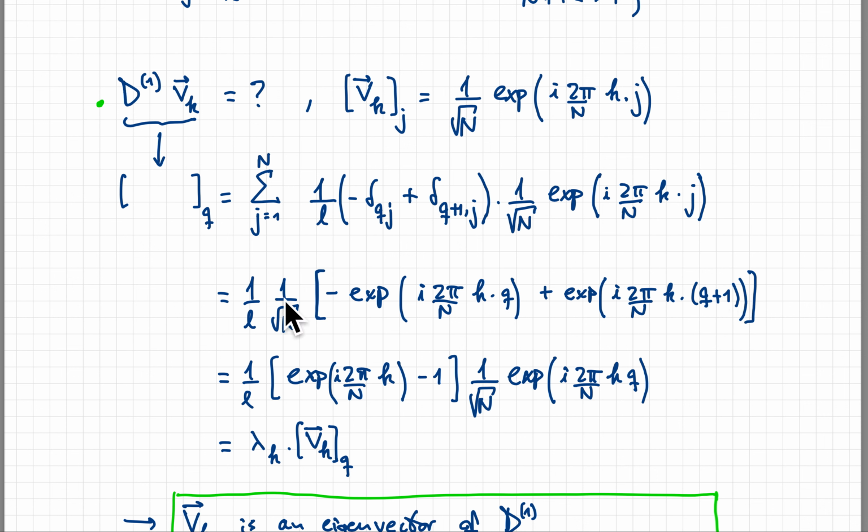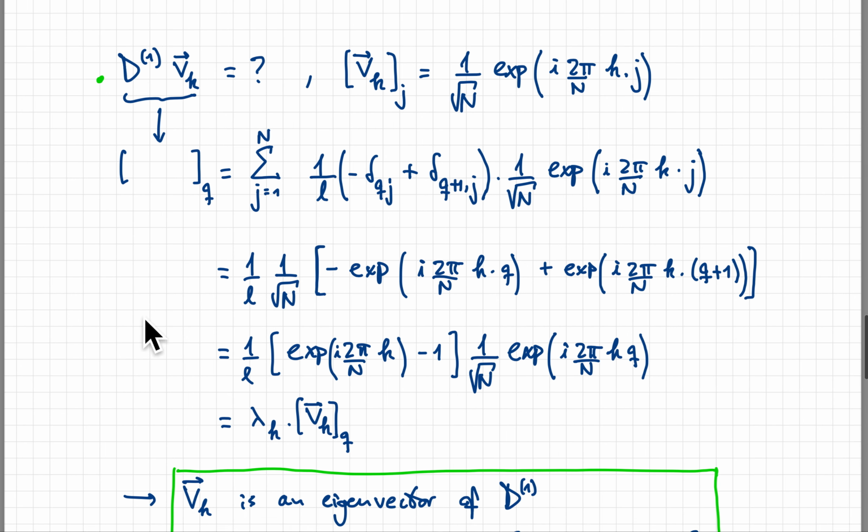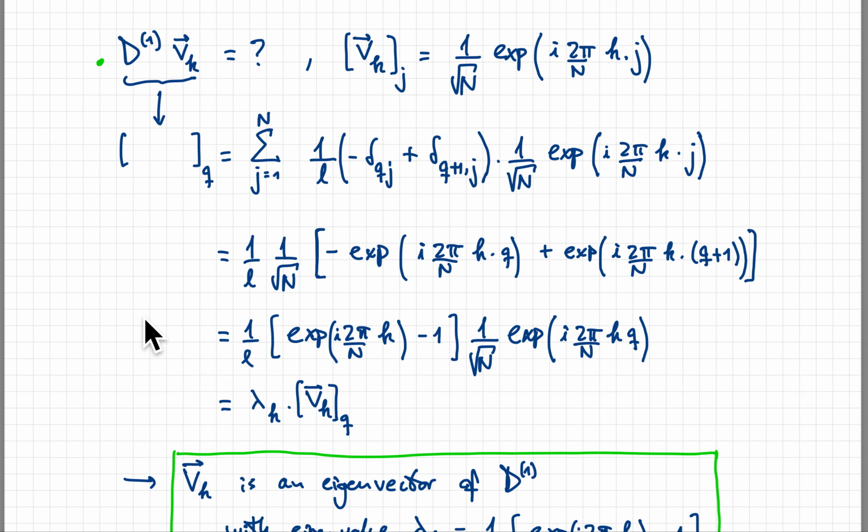And this square root of n is here, and the 1 over L is here, and everything else is right there. The next thing we're going to do is simplify this a little bit. I'm going to pull out this exponential of i 2 pi over n q times k as a common factor. It's the same that appears here, q times k, but then there's the plus 1 here, and this plus 1 is simply e to the i 2 pi over n k multiplying this object.